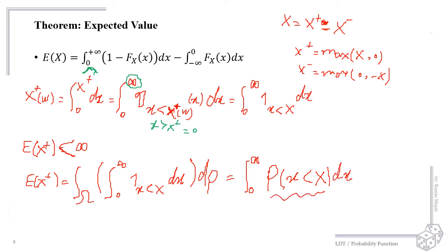And this is the first part of this equation. One minus this is one minus the cumulative distribution of x.